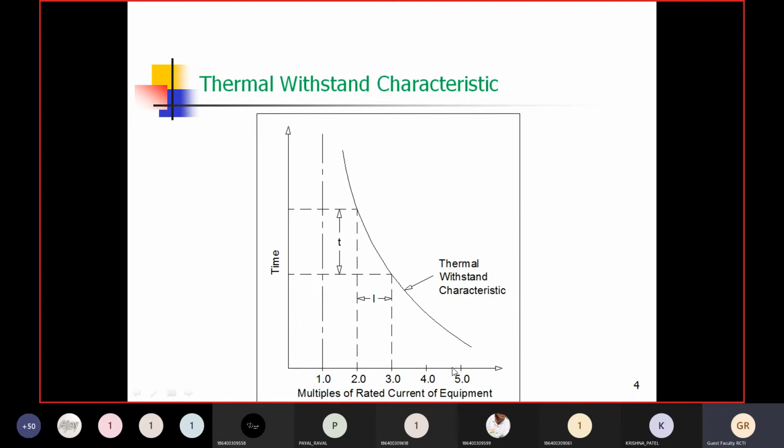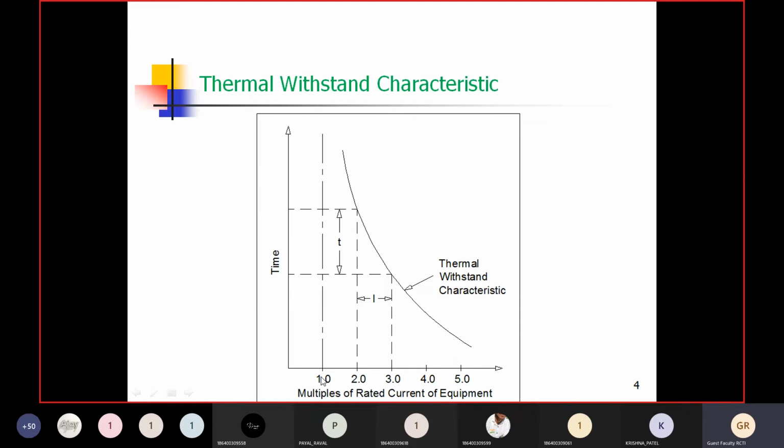Can you see my cursor on this slide? Yes, sir. Okay, so here I am moving my cursor on the x-axis. The x-axis provides the values 1, 2, 3, 4, 5 and so on. Just below that I have written multiples of rated current of the equipment.